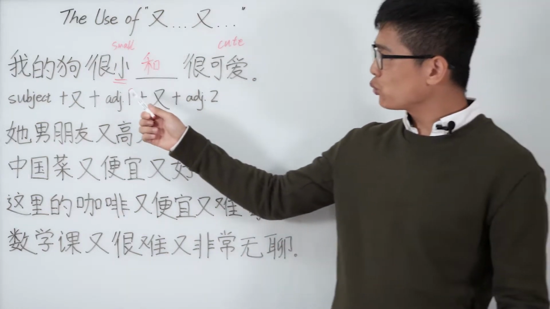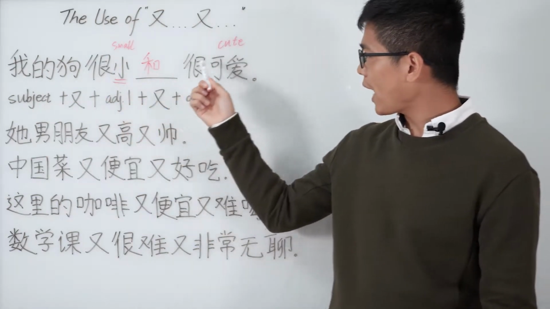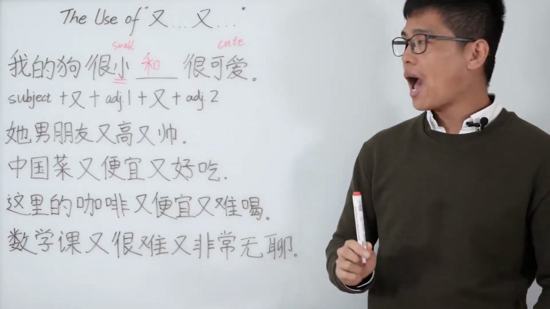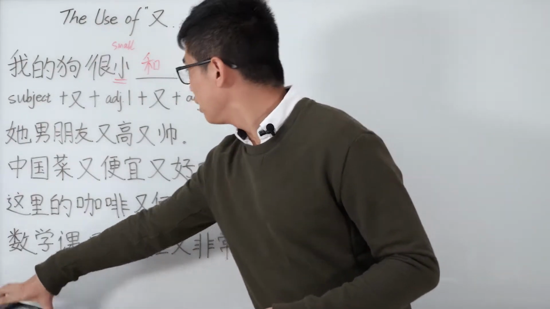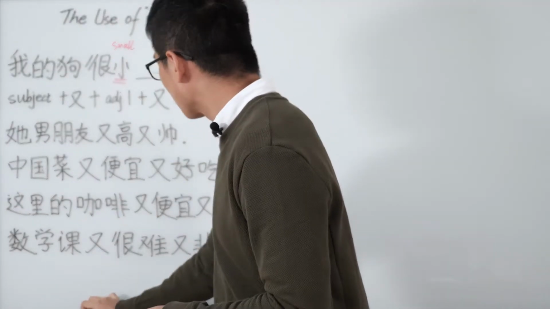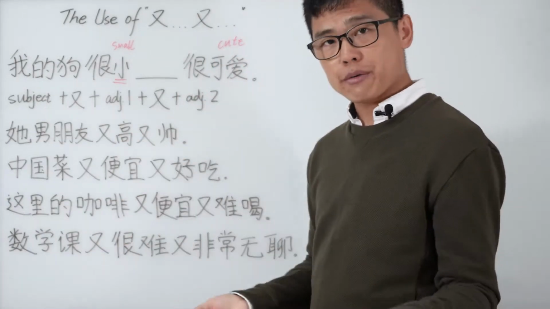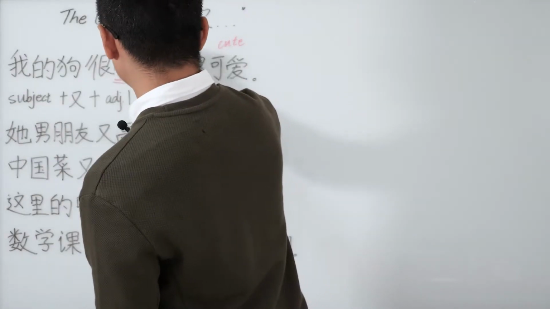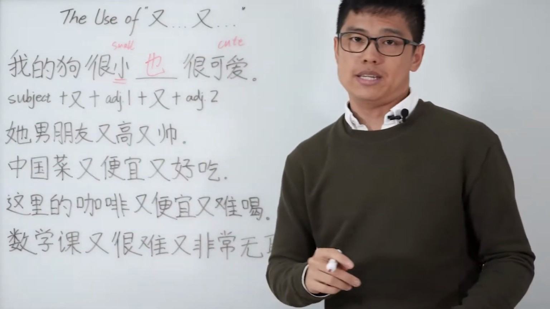Well, if you really want to say small and cute together, you have to, instead of 和, use another very simple word, 也.